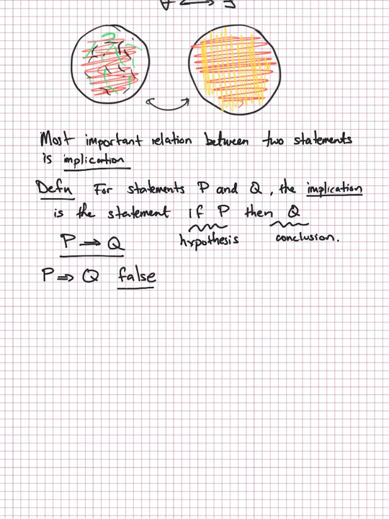So this is false when P is true and Q is false. Okay? So P implying Q is a false statement if P is a true statement and Q is a false statement. That's very believable. What's slightly trickier is that it is defined to be true in all other cases.